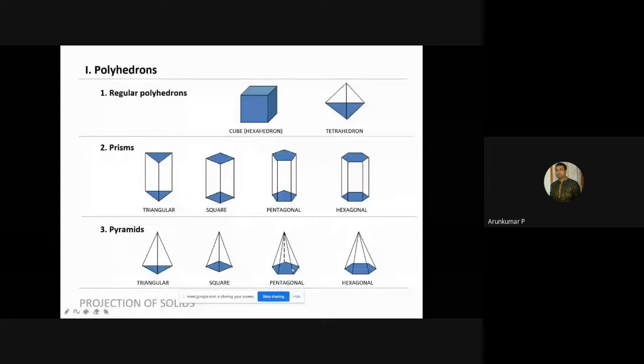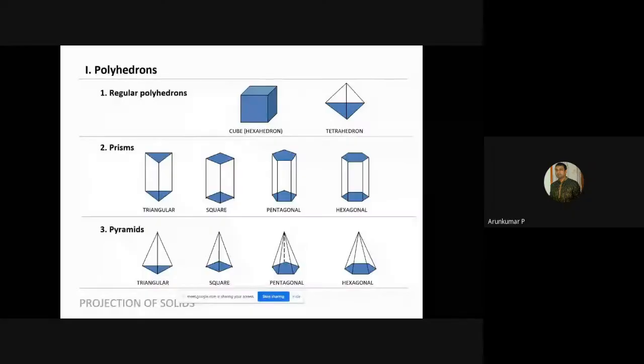Now, of these, triangular prism and triangular pyramid are not very important, but the remaining square, pentagonal, and hexagonal prisms, square, pentagonal, and hexagonal pyramid, this cube, and the tetrahedron, these are the eight solids on which you usually get the problems. I hope you are able to see this and hear my voice clearly. Yes, sir.